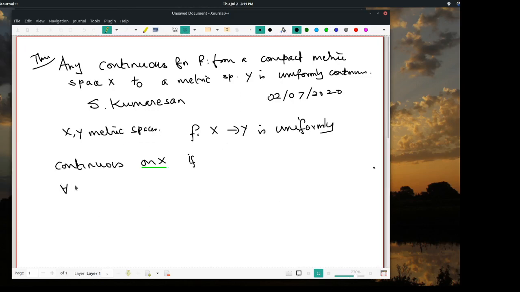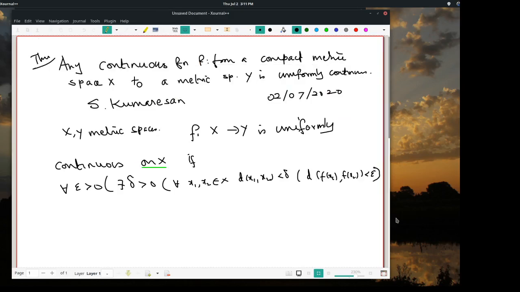f is uniformly continuous on X if for any given epsilon positive, there is a delta positive, so that for every pair x1, x2 in X with the condition distance between x1 and x2 less than delta, we have distance between f(x1) and f(x2) less than epsilon.